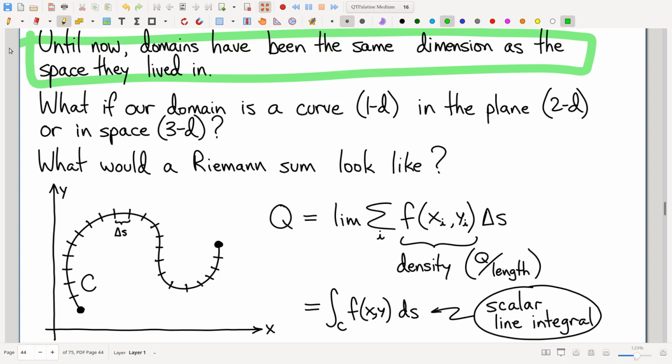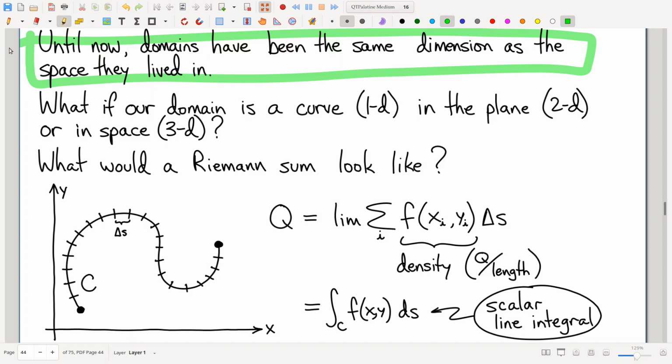So, for example, when we were doing double integrals, every domain over which we did a double integral was two-dimensional and it lived in a two-dimensional world. Right? Think about triple integrals. Triple integrals, we have three-dimensional solids. Three-dimensional solids live in a three-dimensional world. Likewise, single variable integrals, of course. So, what I'm going to call dimensionally convenient.